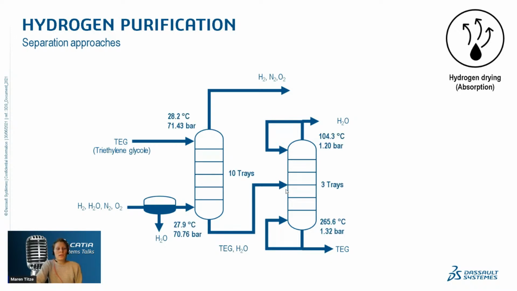At the absorption column, we have 10 trays and quite high pressure, over 70 bars. And at the right side, we have quite high temperature. We go up to 265 degrees, but we have only 3 trays and moderate pressure.